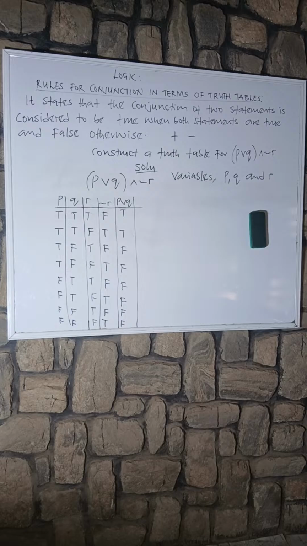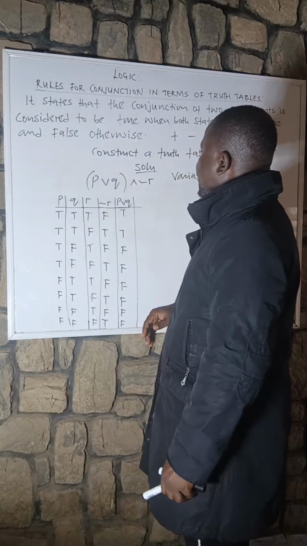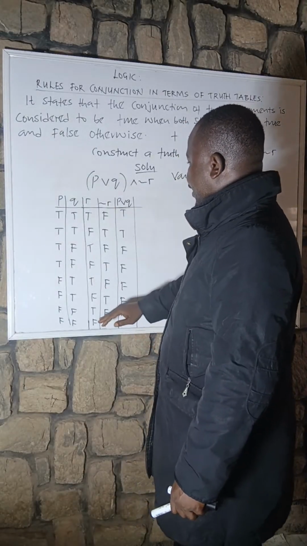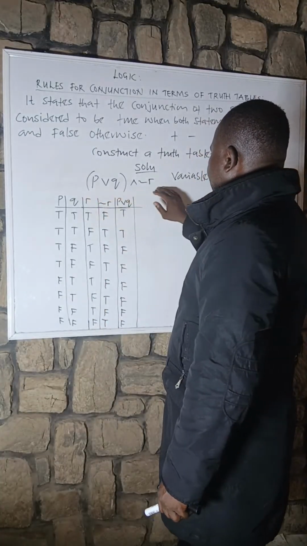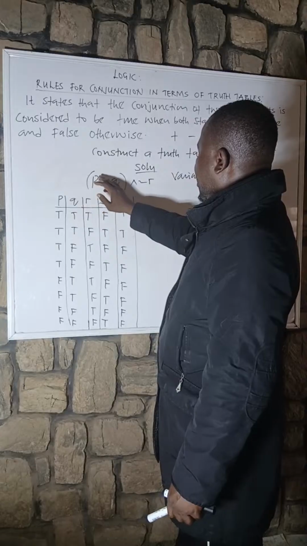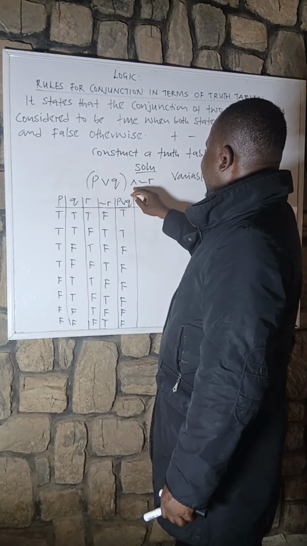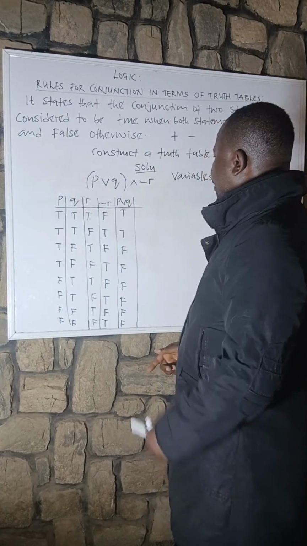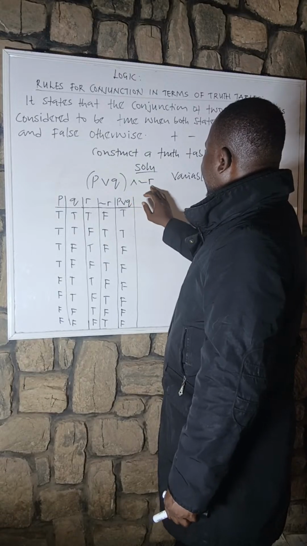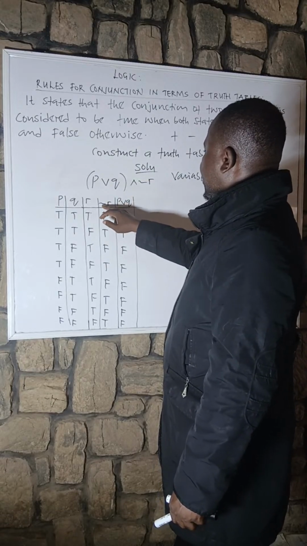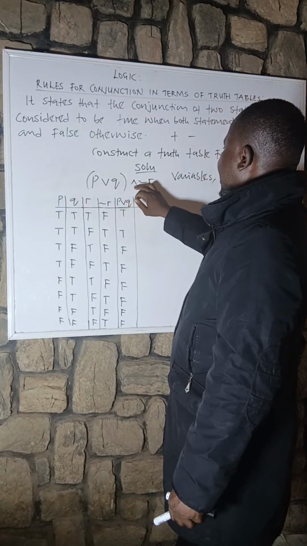Let's proceed further. So the final subject we are going to consider in this truth table is the whole of this logic: open bracket P conjunction Q close bracket, disjunction, negation R. Is that clear? So it means we have gotten this, and we have gotten this, so we should consider this.